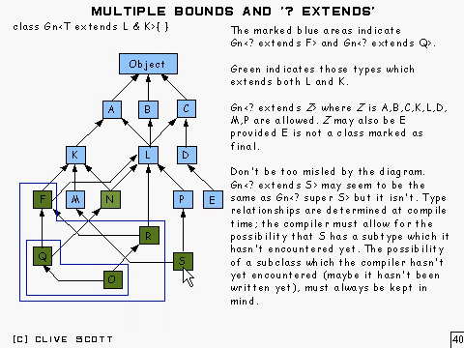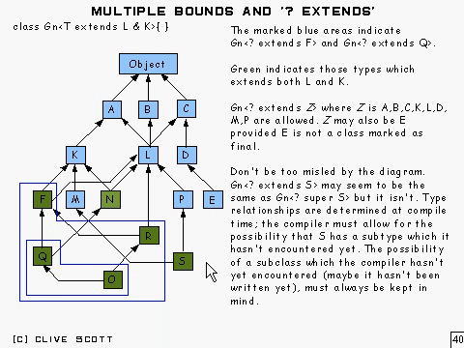So basically, don't be too misled by the diagram. For instance, Gn of something that extends S would just allow you to have Gn of S, and Gn of something which is super S again would just allow you to have Gn of S. And it may seem on the face of it that those two are the same type, but they're not.